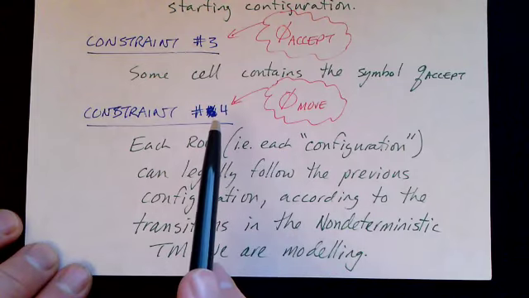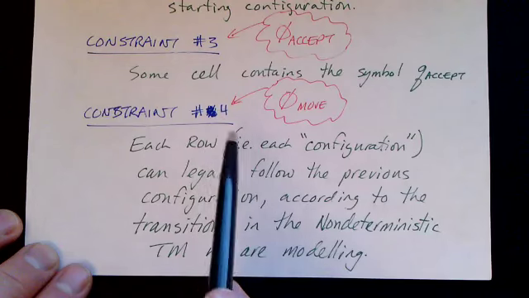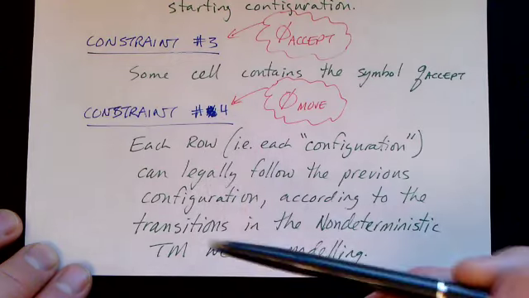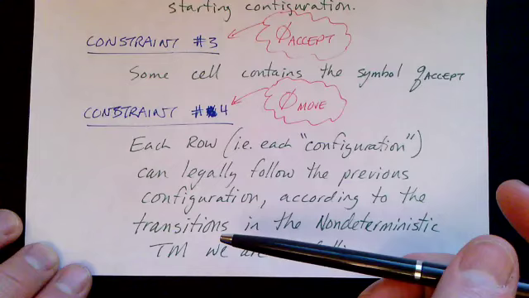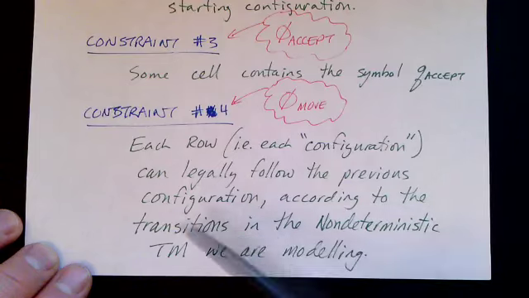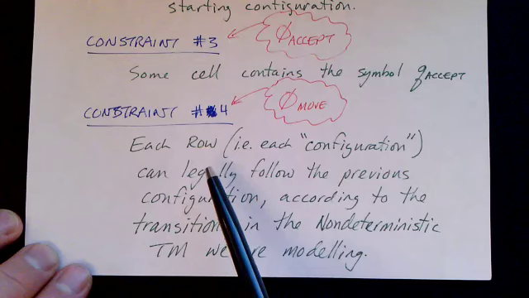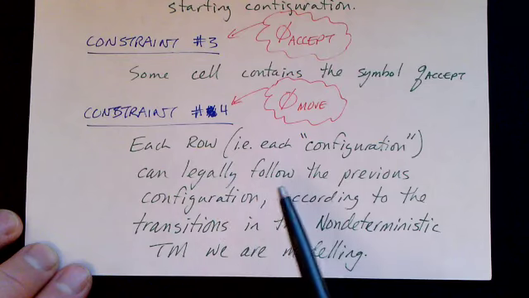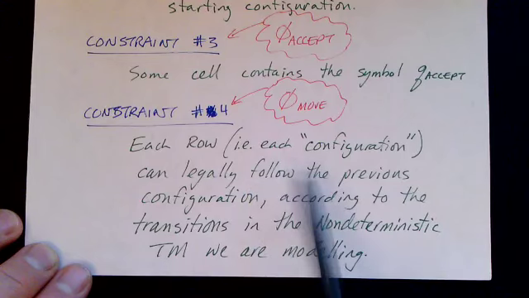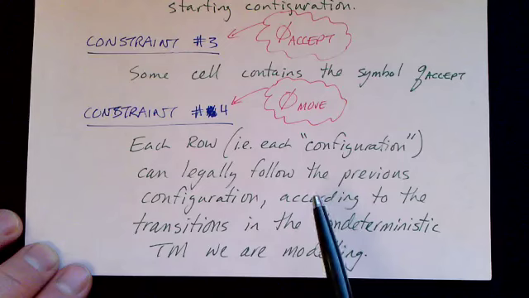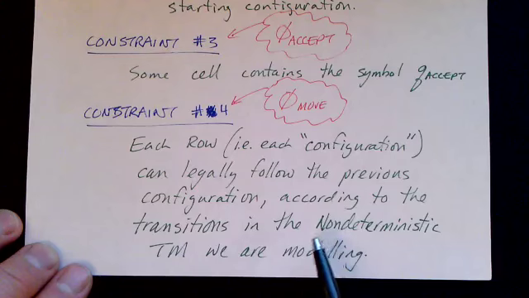Constraints of the fourth type make sure that we have a sequence of configurations and that each configuration legally follows the previous configuration. The relationship between one row and the row that follows it indicates that that configuration can lead to the second configuration according to the rules of the non-deterministic Turing machine that we're trying to model.